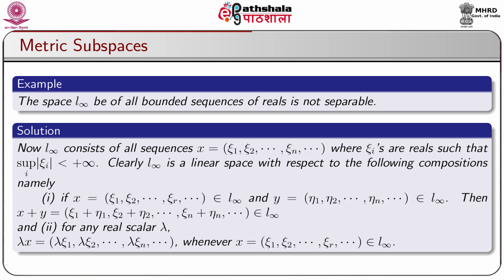Clearly, L infinity is a linear space with respect to the following compositions, namely addition of vectors and scalar multiplication of a vector belonging to L infinity.